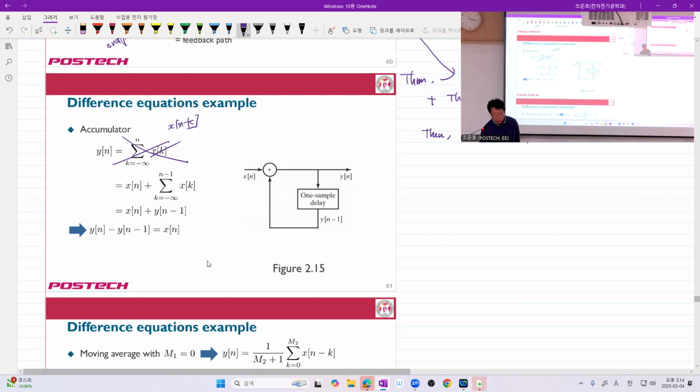So we may use another equivalent relation. Now, your output is what? The linear combination of all the outputs is zero. However, you have a linear combination of all the inputs. So this is the LCCDE, right?